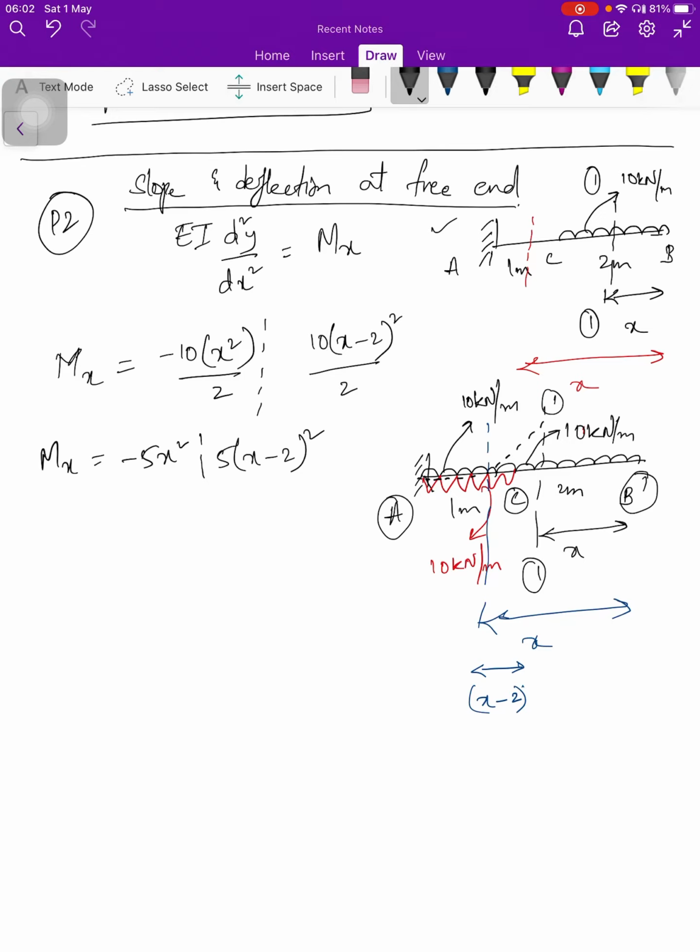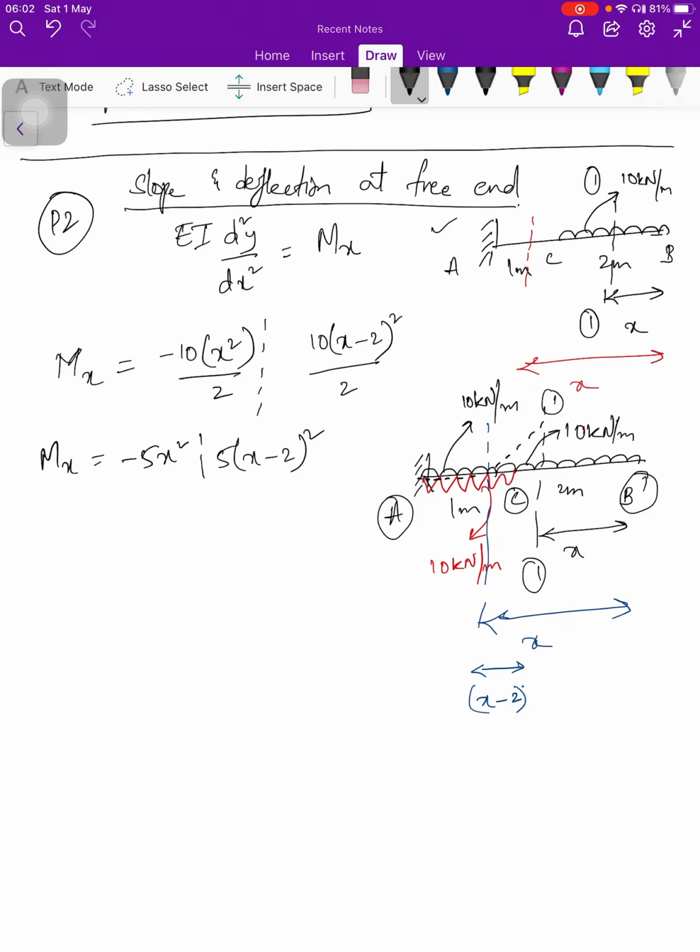Now if I move this section beyond point C also, again you have a vertically downward UDL. The equation will not change. But also you have a red UDL, for which you require one more section. So consider section 2 to calculate the moment of that UDL, the red one.